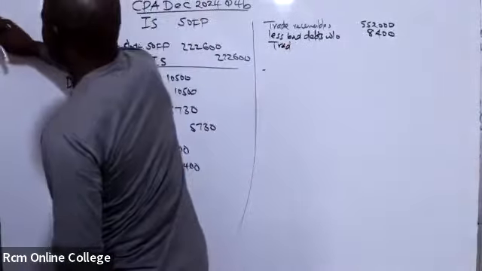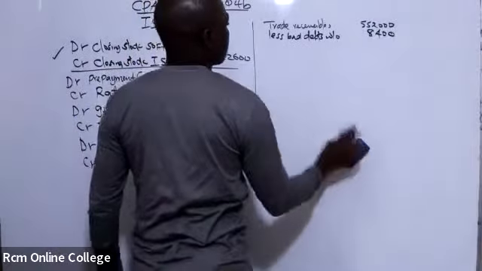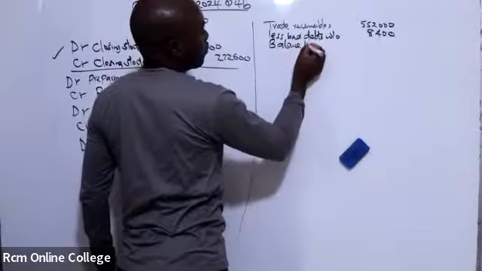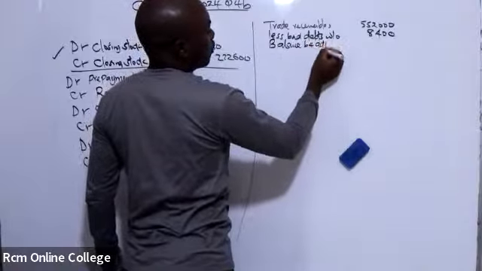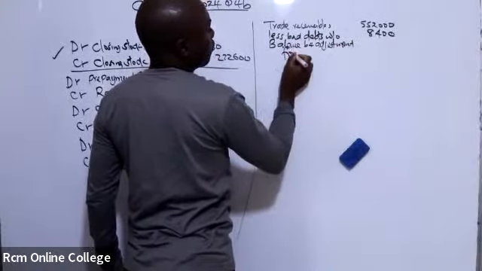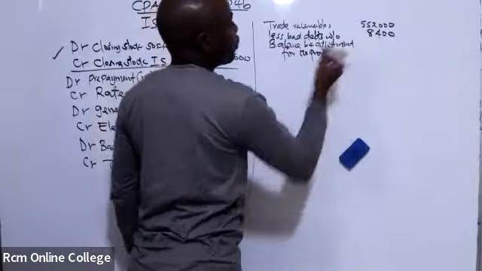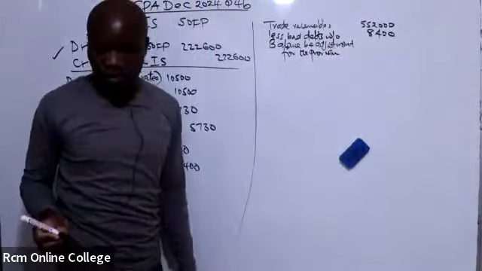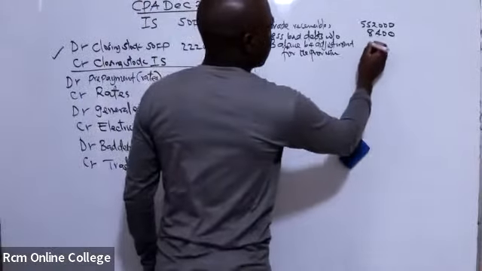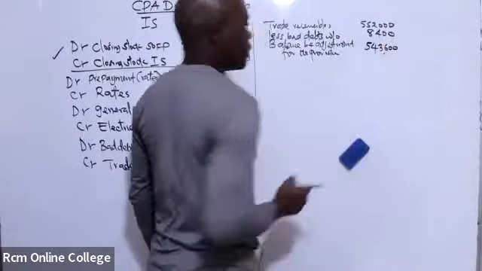What is the balance of the trade receivables? So, balance before adjustment for the provision. When you take 552,000 minus 8,400, what are you getting? 543,600. That is what we have.